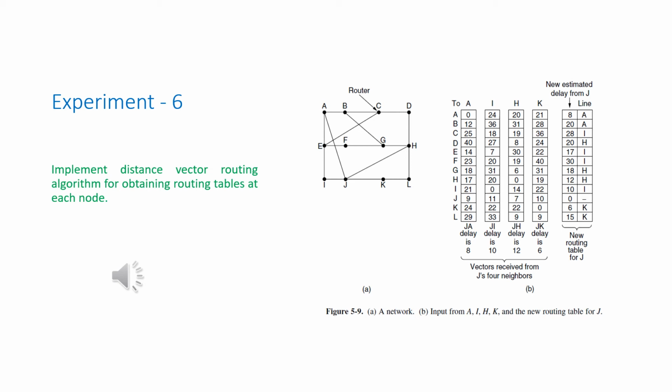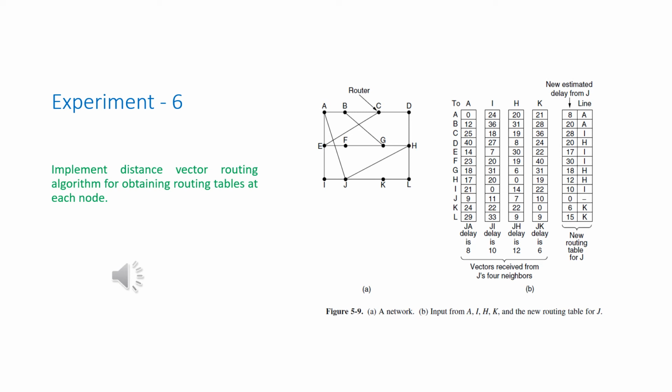Among all these, which is the best one? 12 plus 8 is the best one, that is 20 milliseconds, and it has to take the path A. We'll see one more, and the rest of the process repeats for all the cases.